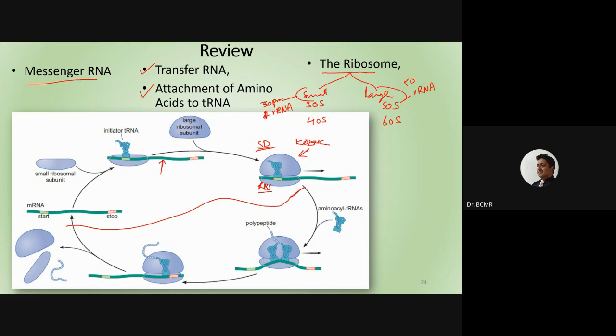And in today's class, we also will try to study the elongation, where after initiation, how it proceeds, and some of the things are interesting, and we have to learn about that.